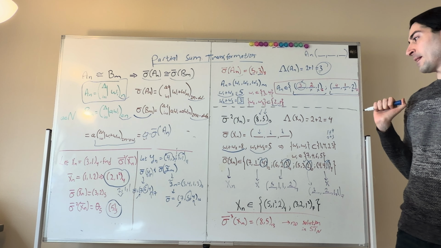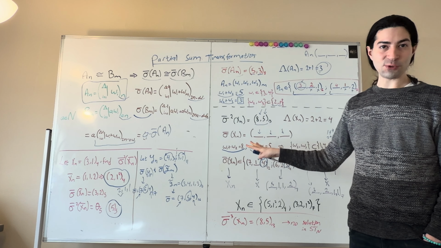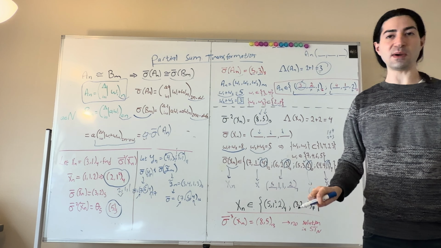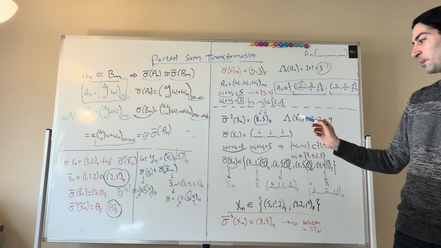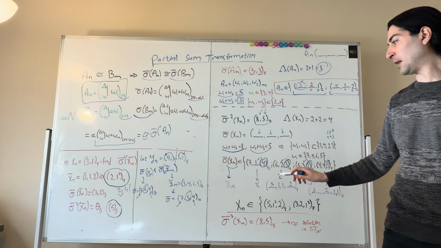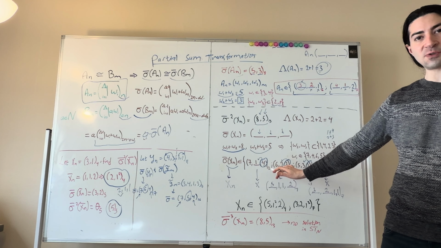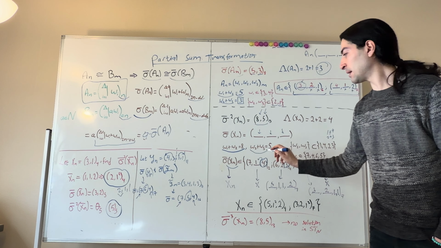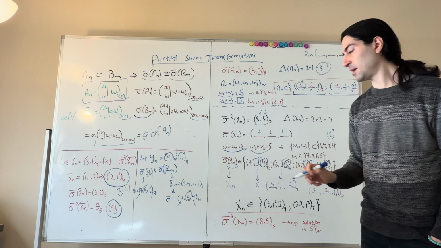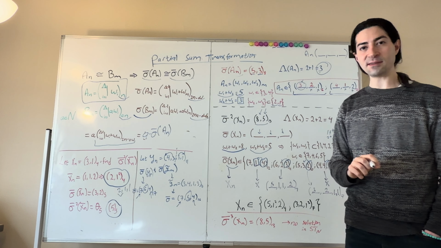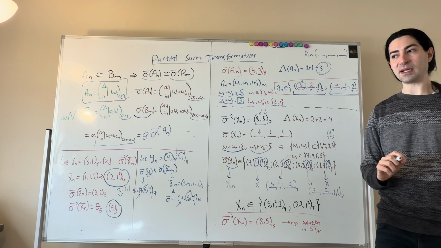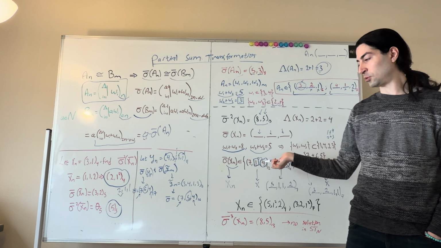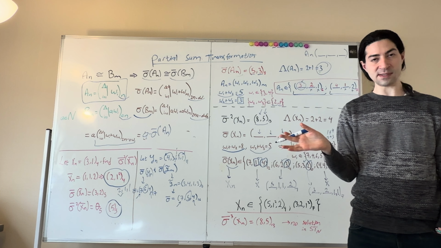Now, we have 4 solutions so far, but we are looking for xn, not sigma bar of xn. So we have to apply one more step, and we're going to go from order 3 structures to order 4 structures. However, notice that every time you have a 1 in the structure, you can't go any further because there are no 2 natural numbers that you can add to get 1, where 0 doesn't count.